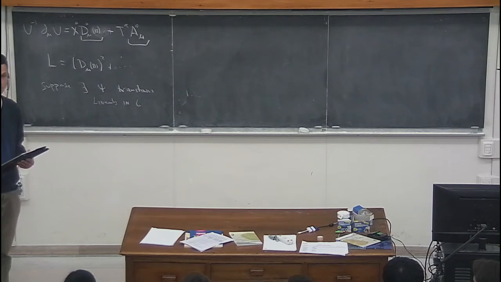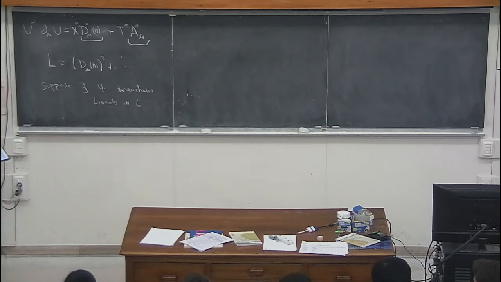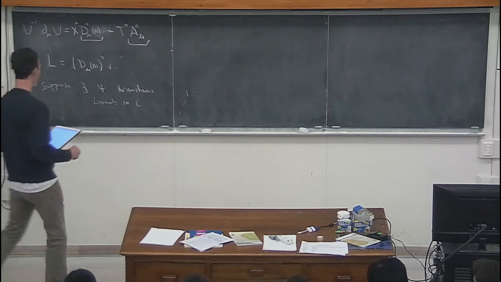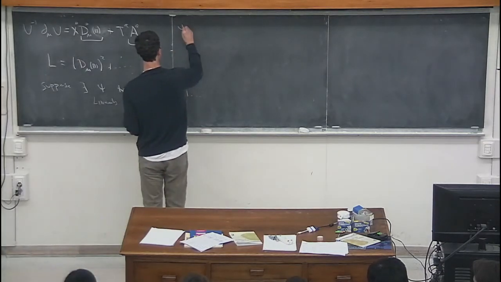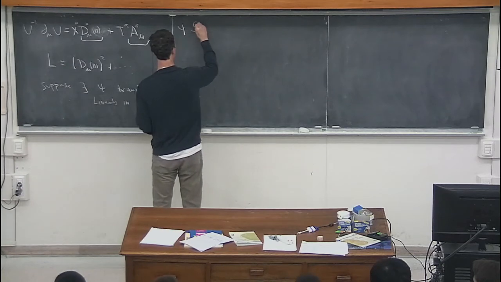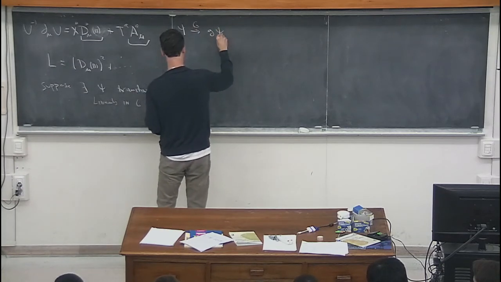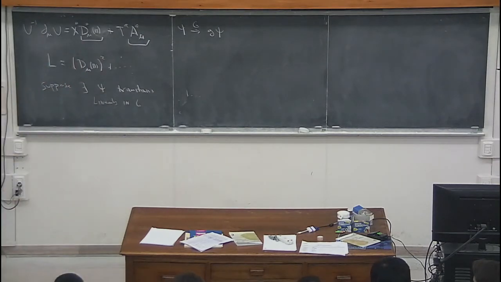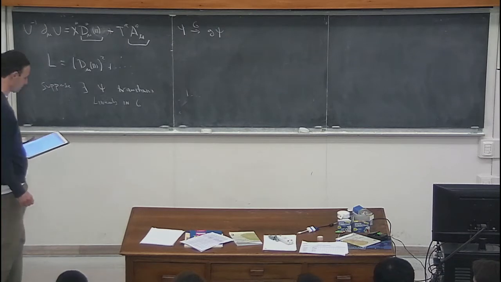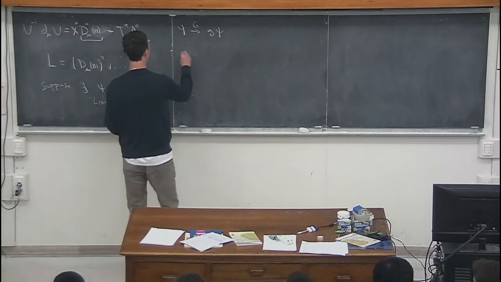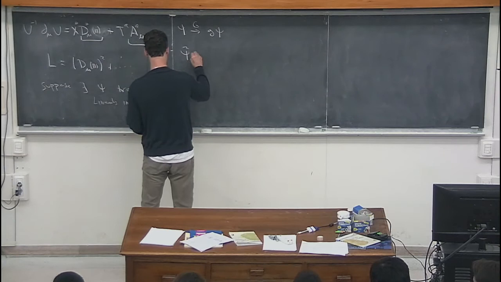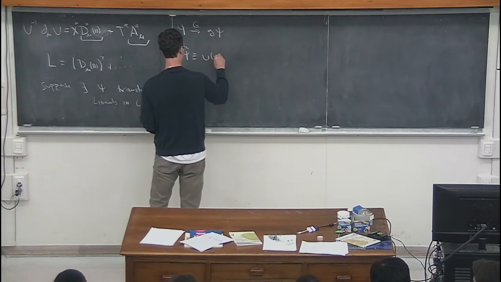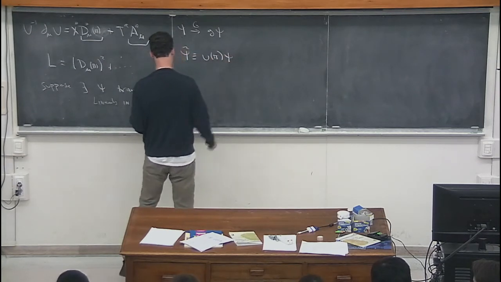Remember, under a G transformation, our geometric objects are transforming covariantly under H. So psi under a G transformation goes to G psi. The trick to writing something which transforms linearly under H is to define a psi twiddle as being equal to u of pi times psi.